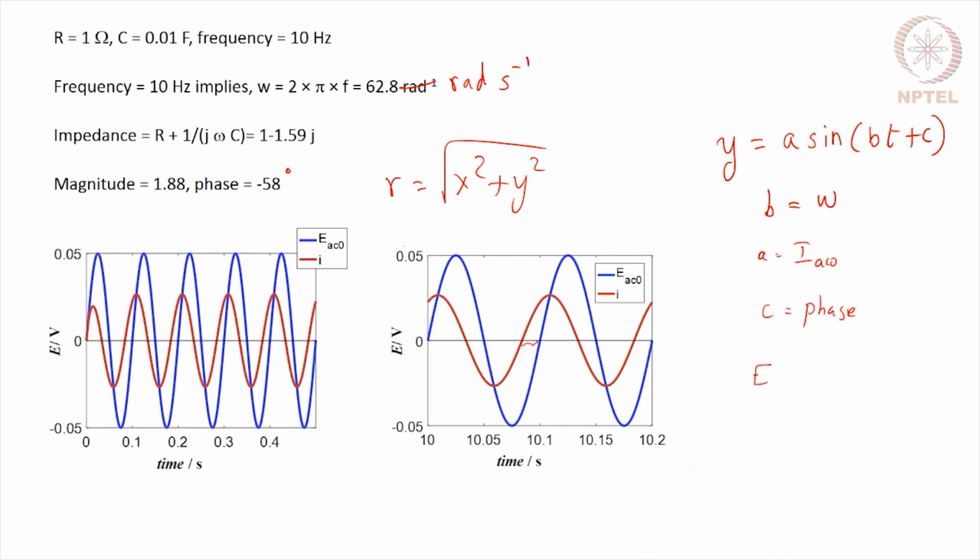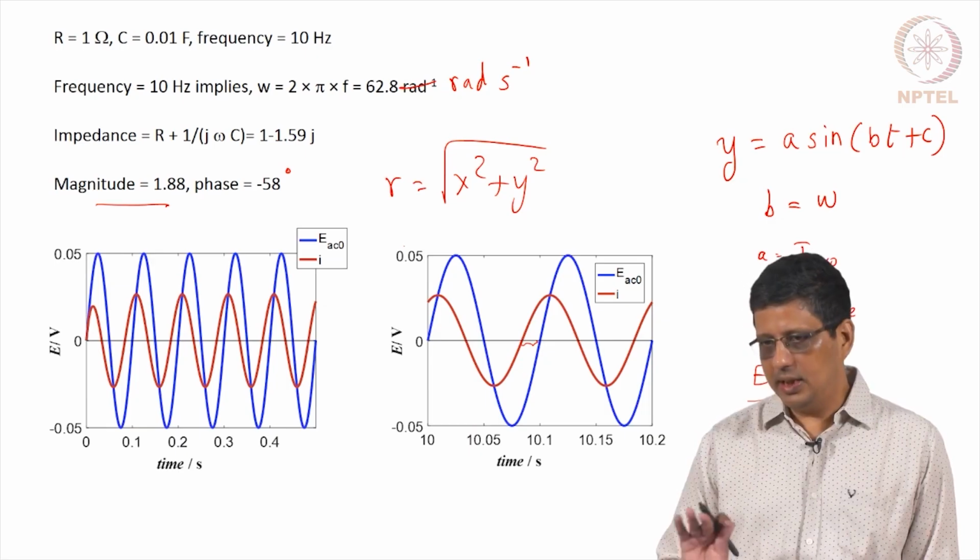I can take EAC 0 divide by IAC 0 to get the magnitude and check whether it is the same as 1.88. Phase of the potential is 0, phase of the current is whatever we measure here, and if I take this equation calculate the phase, I should get this as 0 minus phase should be minus 58. This is the third choice.